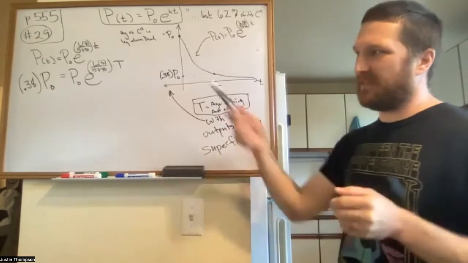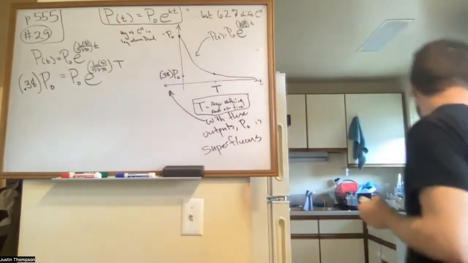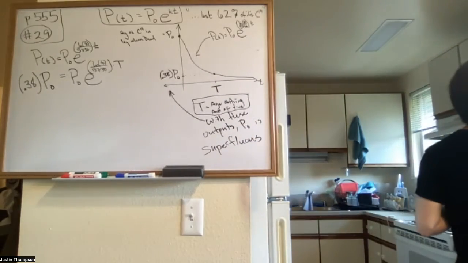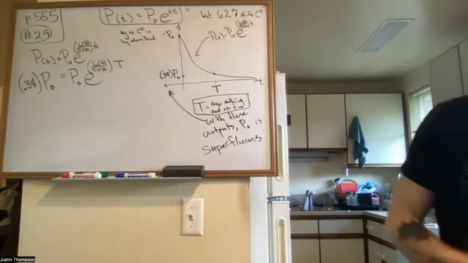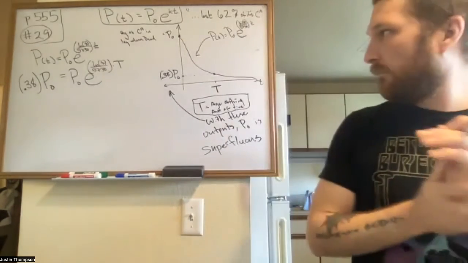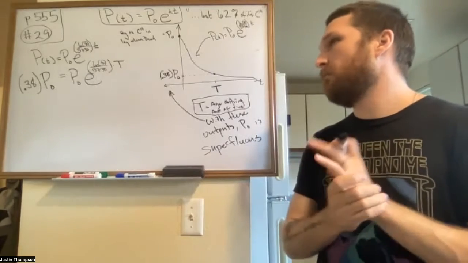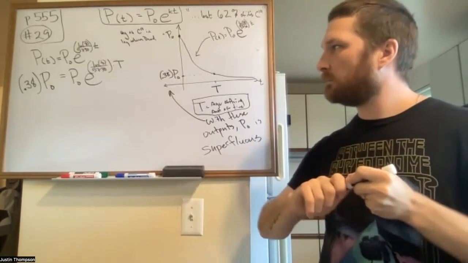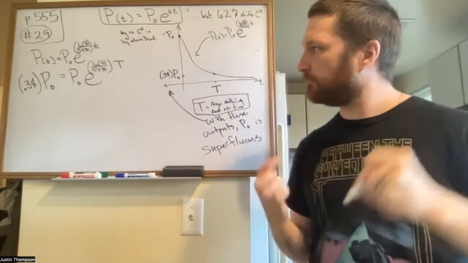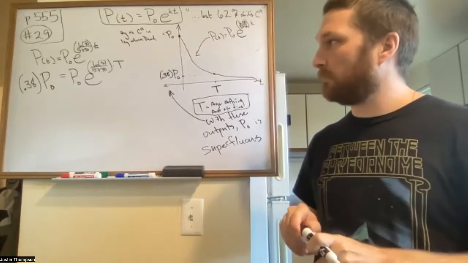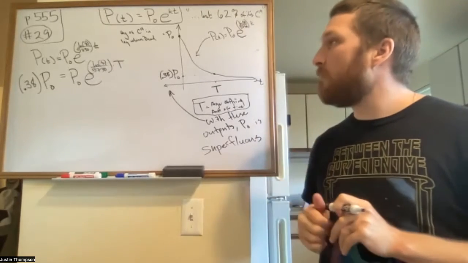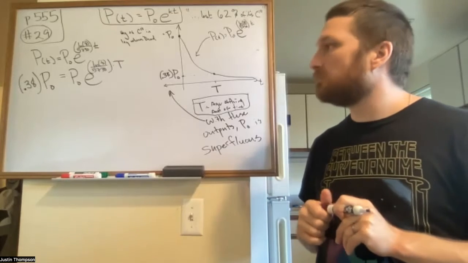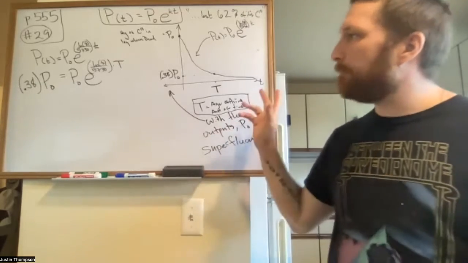What's the first step with this equation as I have it written? The first thing you do is divide each side by P0. Yep, I like that.